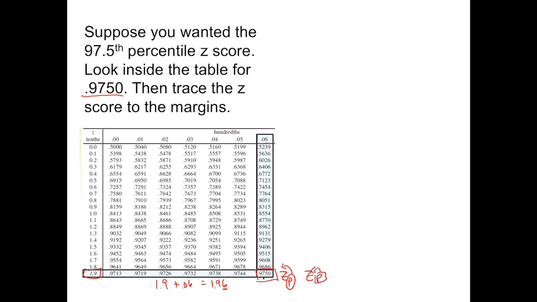You find the percentile of 0.9750, then you trace that back to the Z score margins, and that's going to be 1.9, then you go to your hundredths of 0.06. Once you do that, now you have your Z percentile score. So Z underscore p for 0.9750 is how it would be represented, and this equals 1.96. That is how you use Z percentiles to find the Z score.